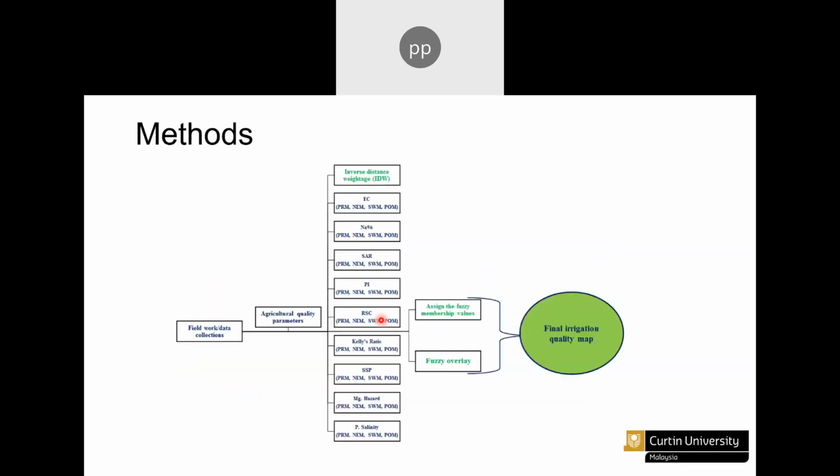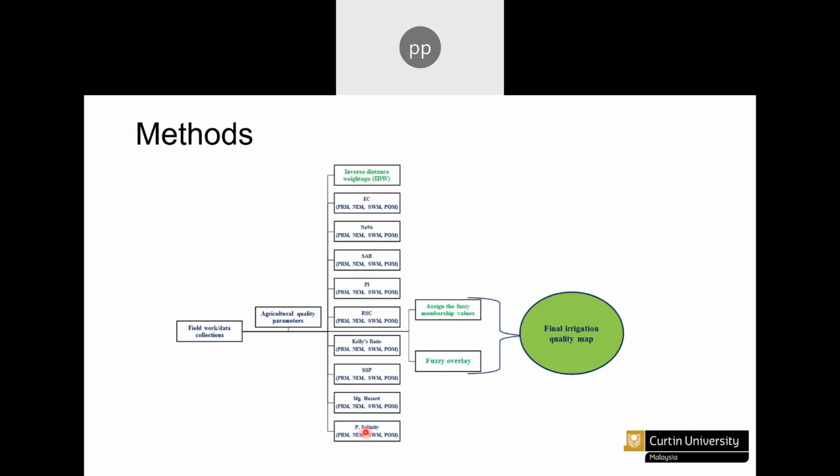So this is the overall methodology flow chart. As you can see from the left side, they start with the field work and data collection. From the field work, they collect groundwater samples from all possible locations. After the sample collection, they went for chemical analysis in order to produce the chemical data, and after that they derived some agriculture quality parameters, which I explained to you before.